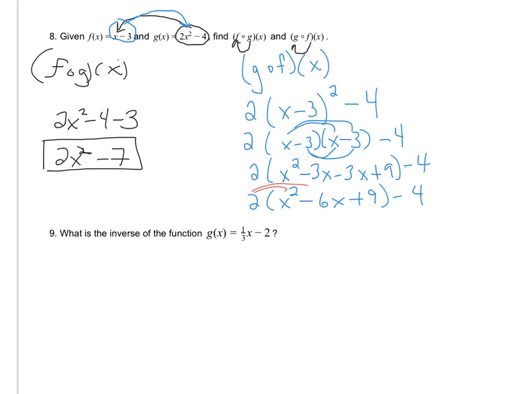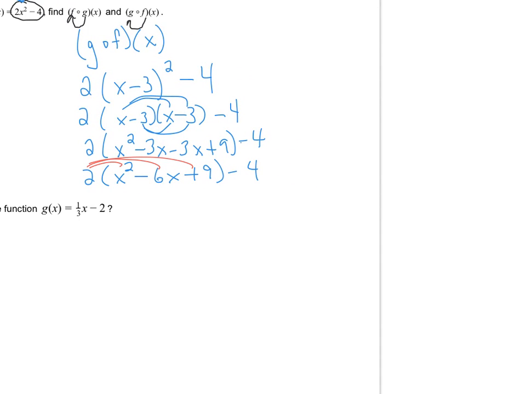Now I'm going to simply distribute the 2 inside those parentheses. 2 times x squared is 2x squared. 2 times -6 is -12x. 2 times 9 is 18. Minus 4. But then I can subtract the 18 and 4. So 2x squared minus 12x plus 14.